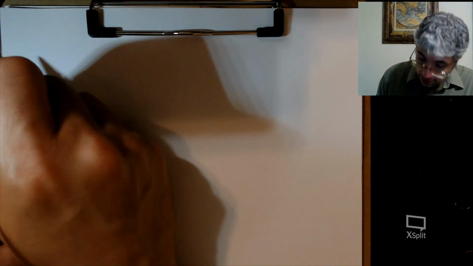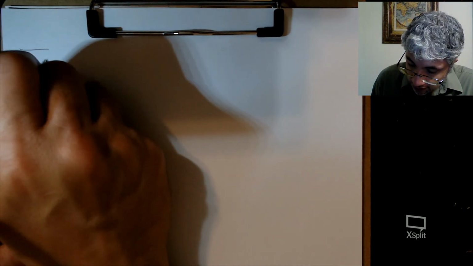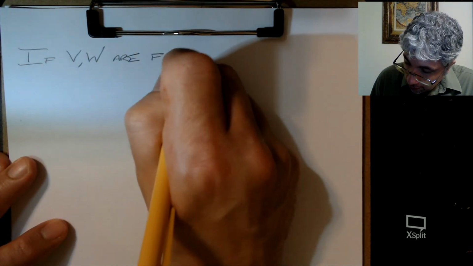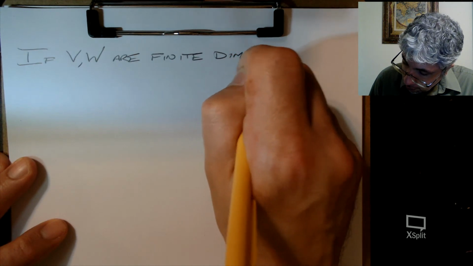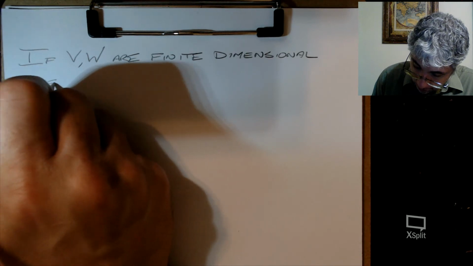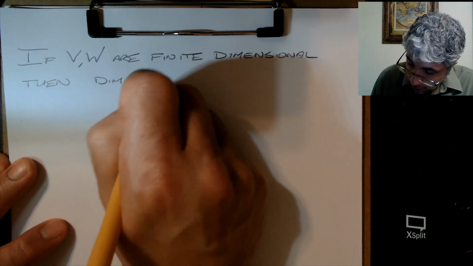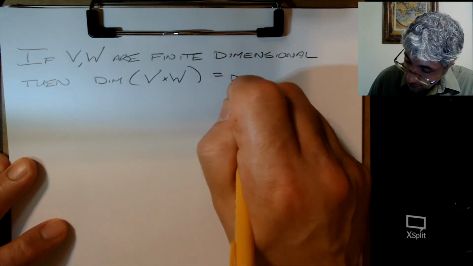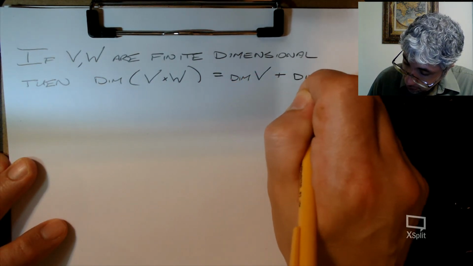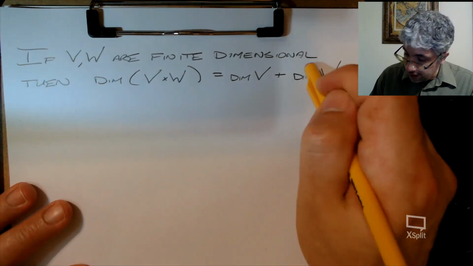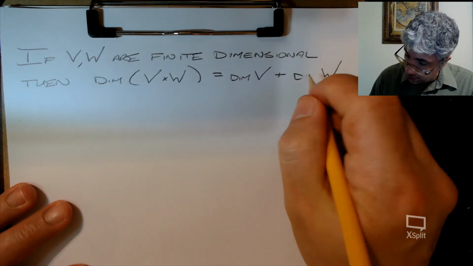So we also just proved that, I should say, if V and W are finite dimensional, then the dimension of V cross W is the dimension of V plus the dimension of W. And notice that this works a little differently than in other places.